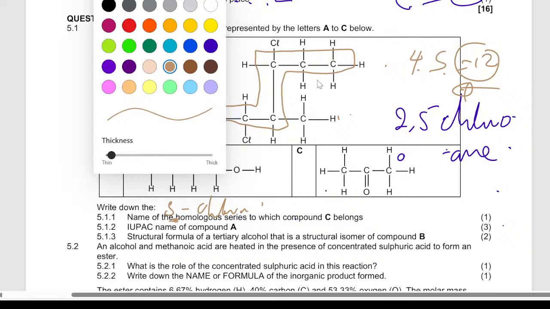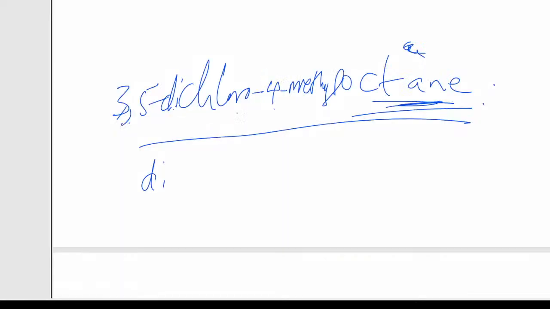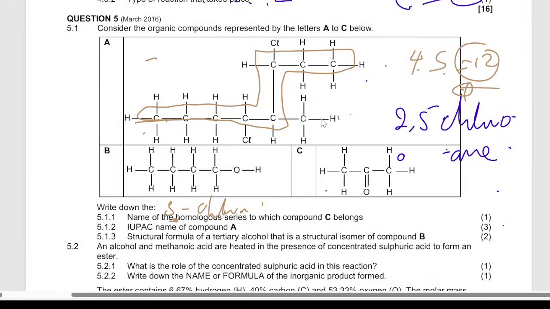Step 2, you name it. So we named it as octane, because it has single bonds. Step 3, identify the side groups. So we have seen that we have 3 of them. Then identify the shortest route.